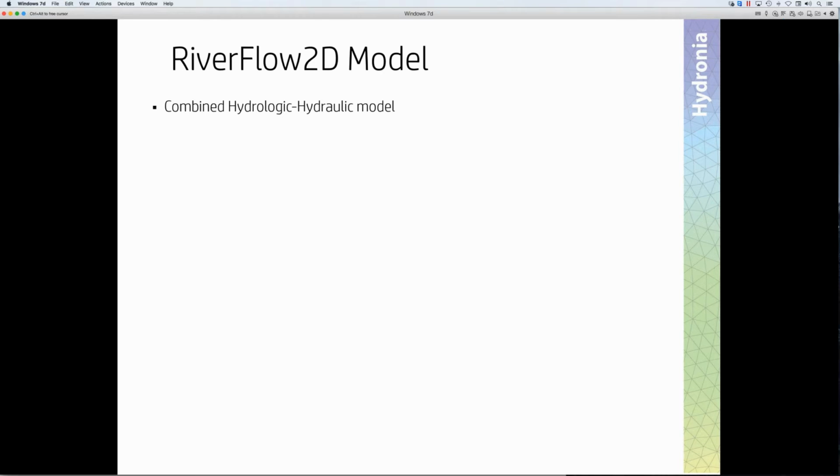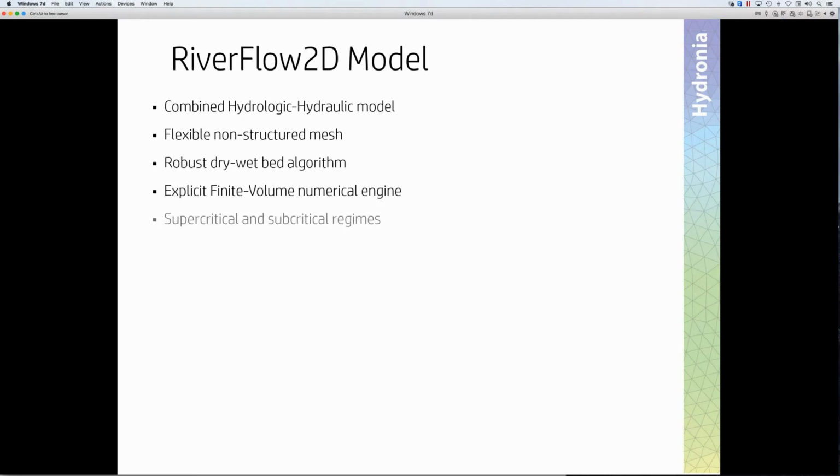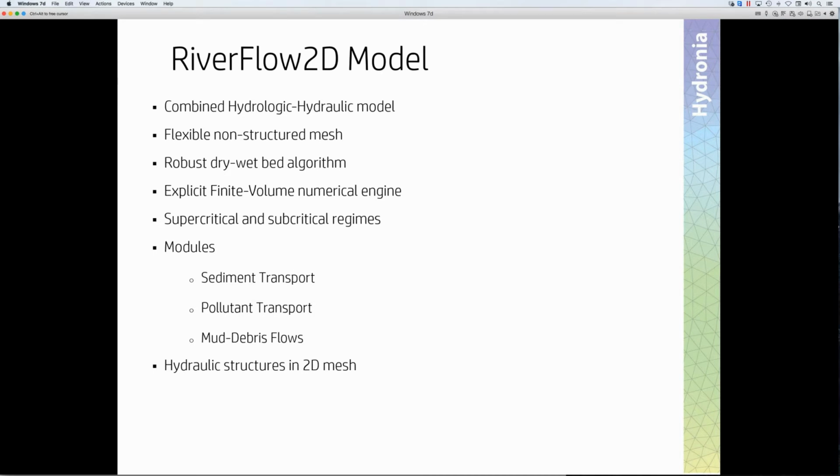Now, the RiverFlow2D model, as many of you know already, is a combined hydrologic hydraulic model, uses flexible mesh. It can handle dry and wet bed. It uses a finite volume numerical engine that is able to compute supercritical and subcritical regimes. It has several modules: sediment transport, pollutant transport, mud and debris flow.